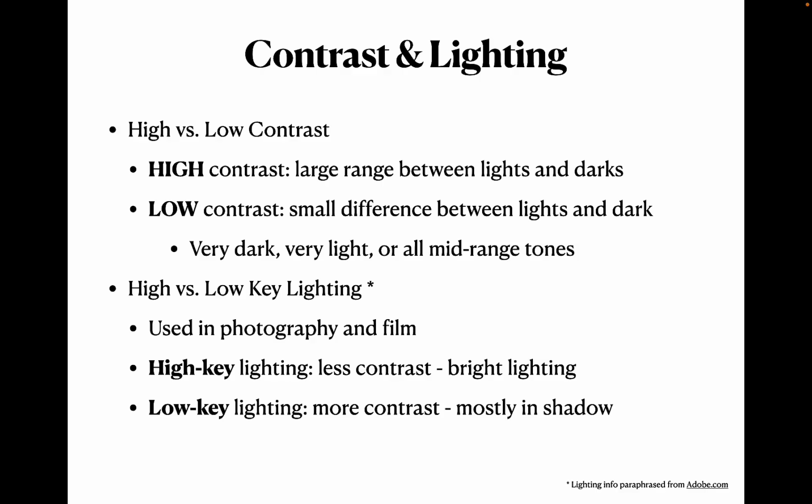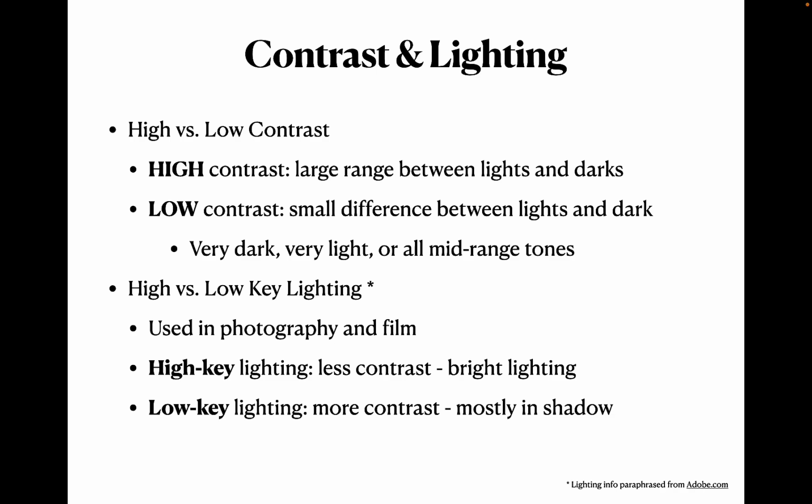And then when you're setting up things to draw, because if you're drawing from life, you're creating a setup, you're thinking about your lighting. So we can talk about high key and low key lighting. Now, to make this a little confusing, it's like the opposite of the high contrast in the actual drawing.